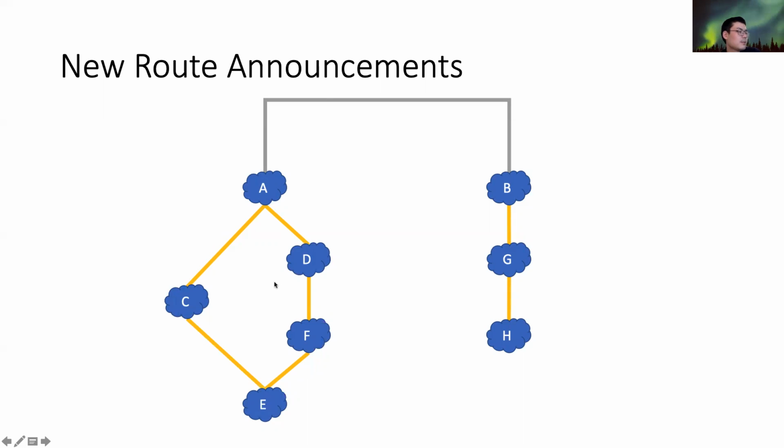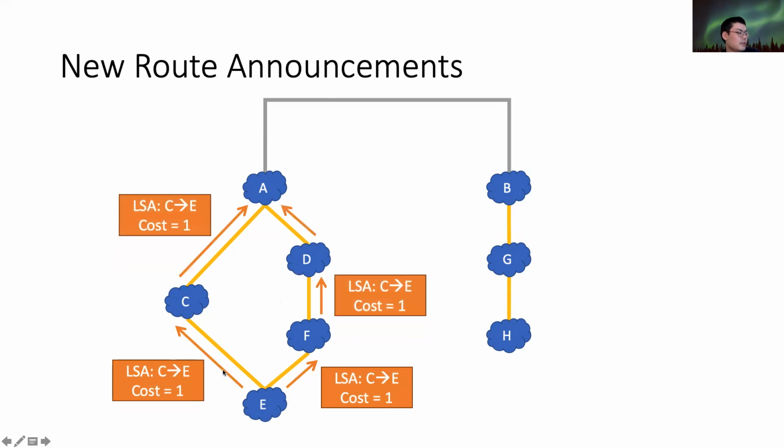Now, because we are internally running a link state protocol, we need to tell everyone, hey, now I have a CE link with a cost of 1, originally infinity. This information is broadcast to everyone. When it reaches A, A should have this path tree, so it knows I should now go ACE if someone asks me to reach E, instead of ADFE.